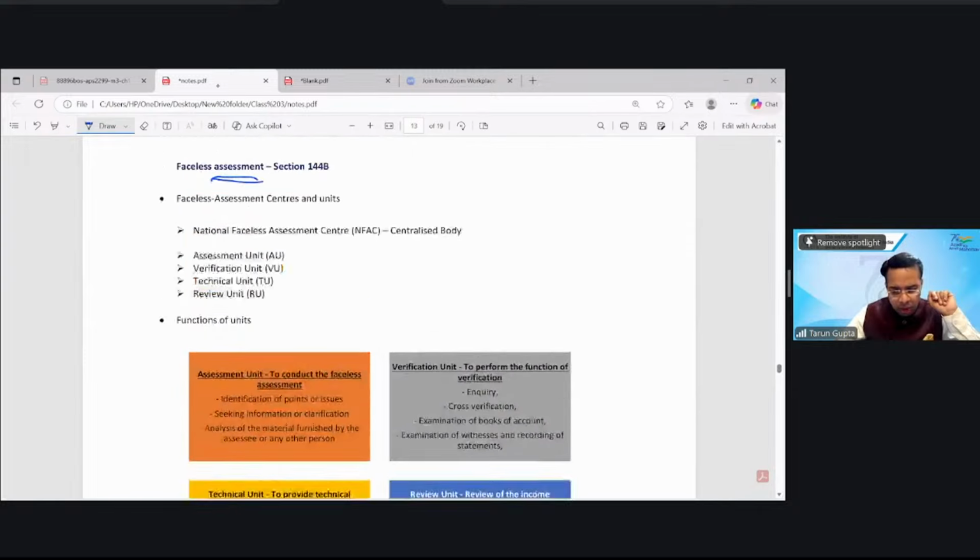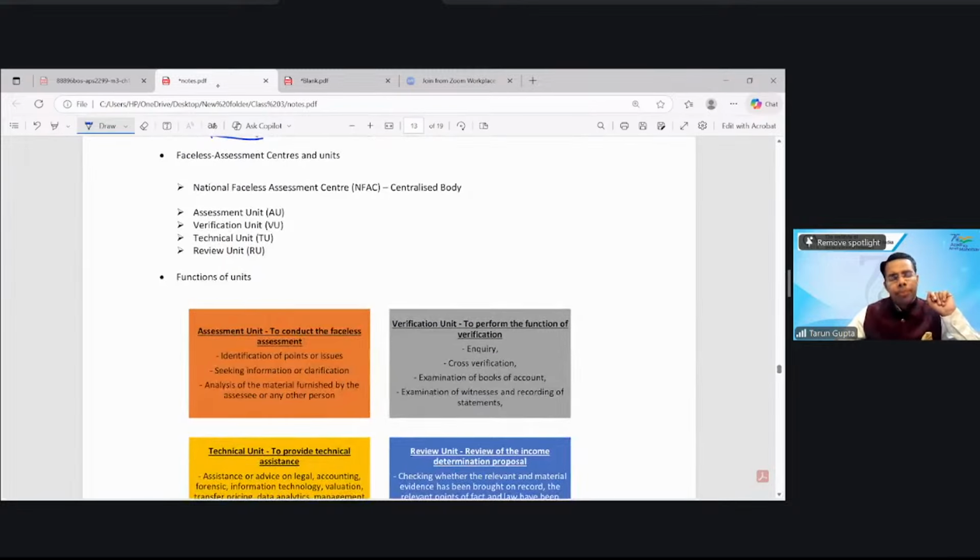So, see, what happens in case of assessment? What's the mechanism? AO issues notice, assessee submits reply. AO may be satisfied with the reply, AO may not be satisfied with the reply.